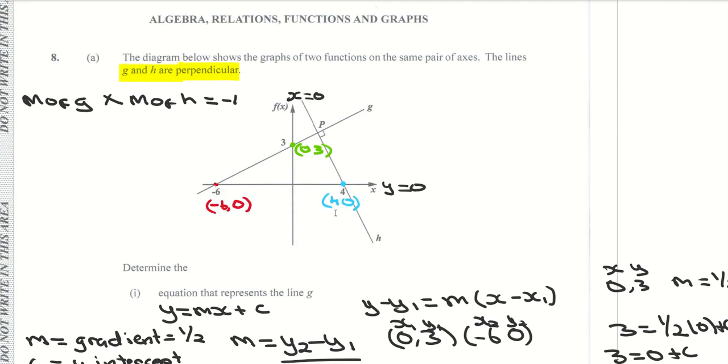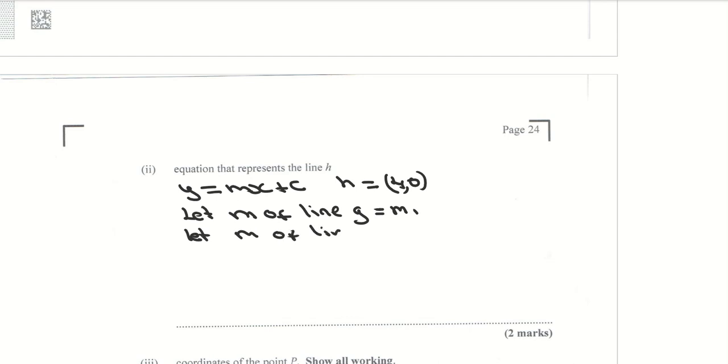We don't know any more coordinates, so there's no way that I can use my coordinates to find my gradient. However, I can say that let the m, that's gradient, of line G be equal to m1, and let m, which stands for gradient, of line H be equals to m2.